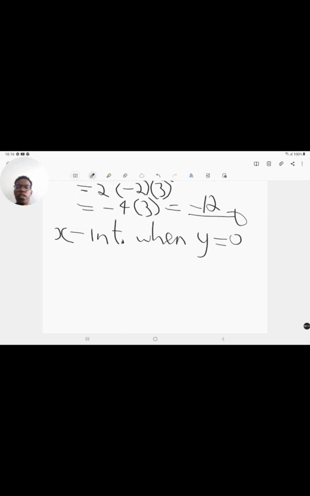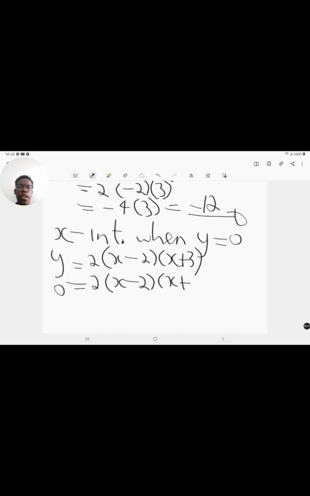You just take that original equation, which is y is equal to 2(x - 2)(x + 3), and wherever you have a y, you're going to replace it with 0, because your x-intercepts are the values of x when y is equal to 0. So instead of y, you're going to write in 0 is equal to 2, then you have (x - 2), then you've got (x + 3).